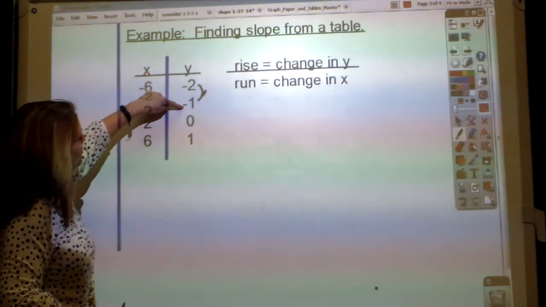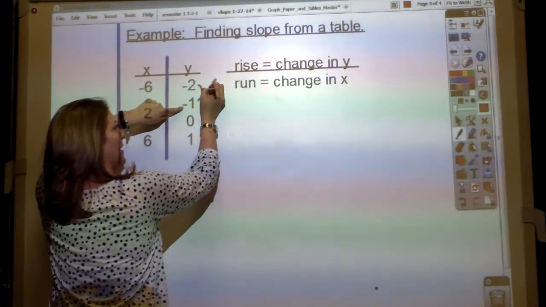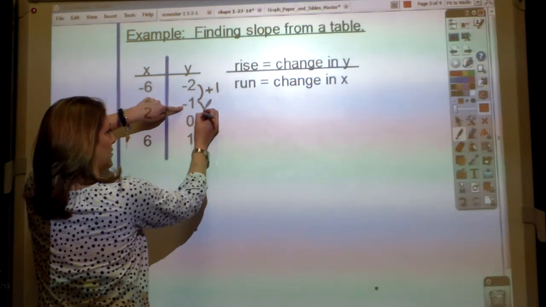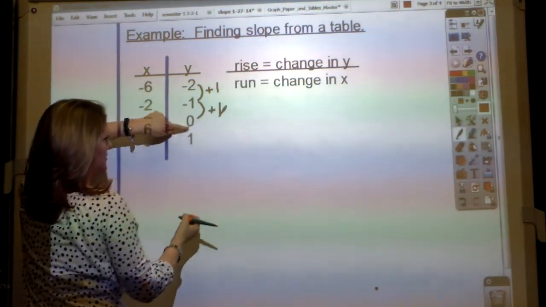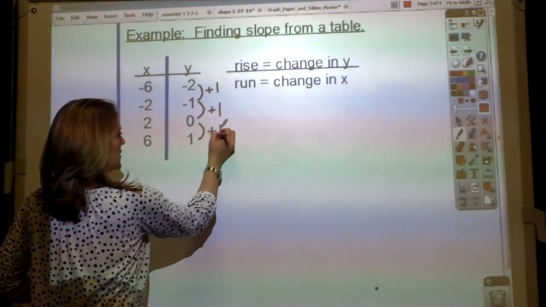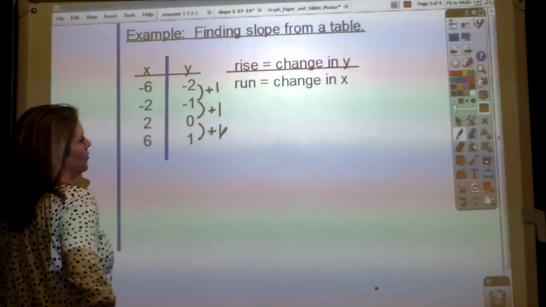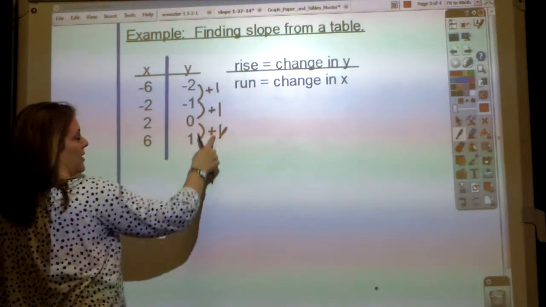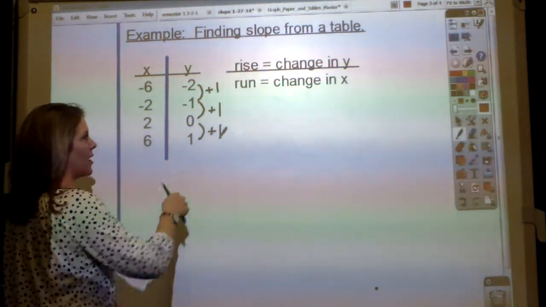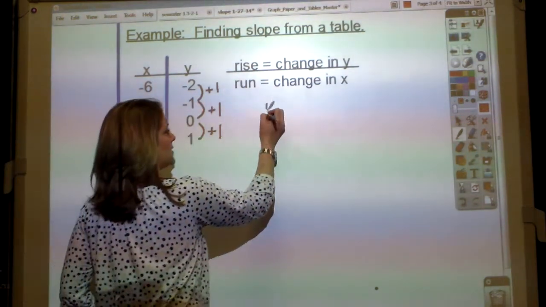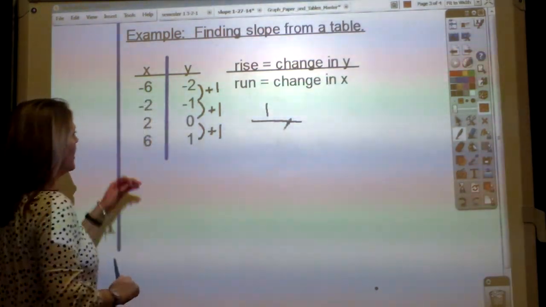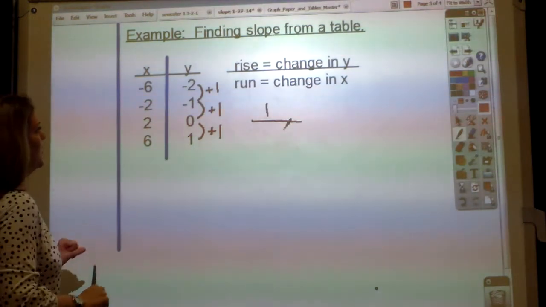We go from -2 to -1, so we're adding 1. -1 to 0 is a +1. 0 to 1 is a +1. So it looks like we've got a constant going, so that rise value looks like it's going to be that +1. Let's look and see if it's consistent for the x's.